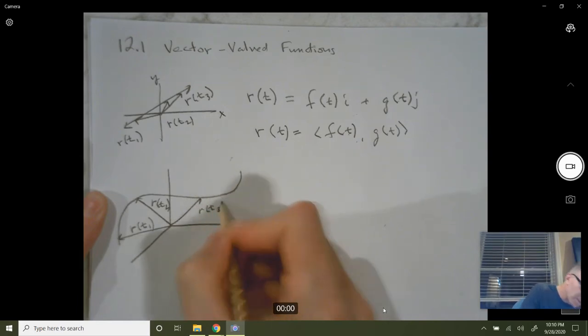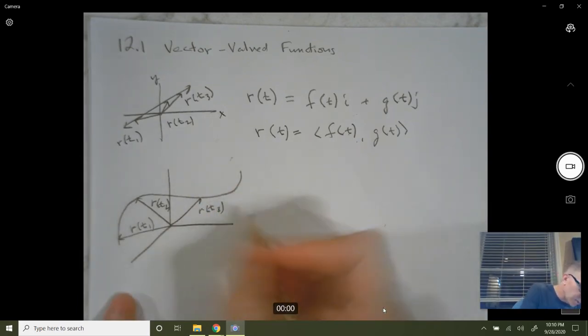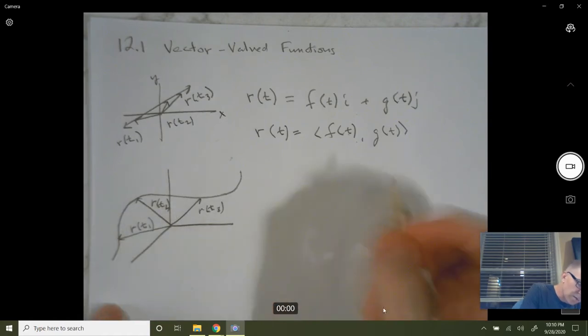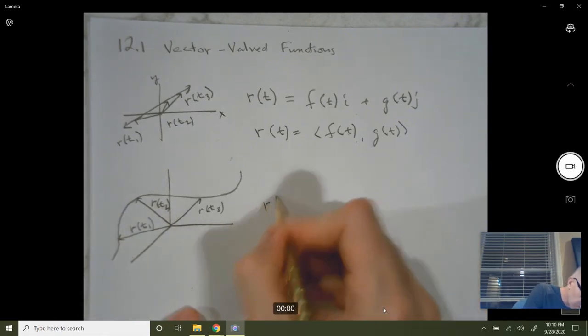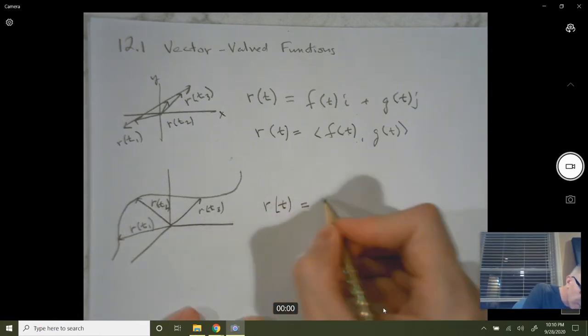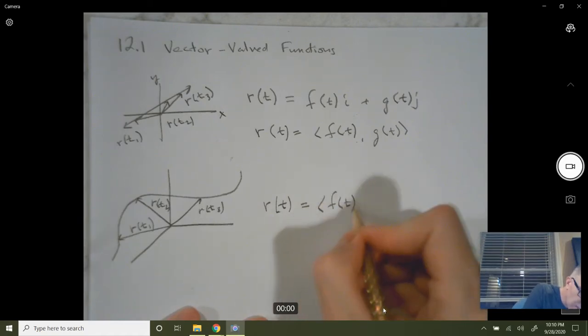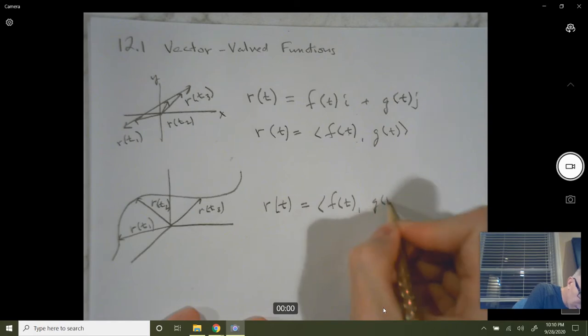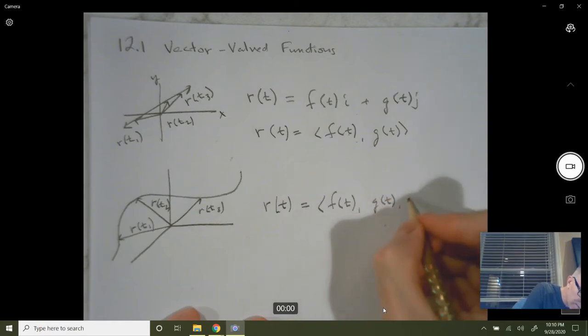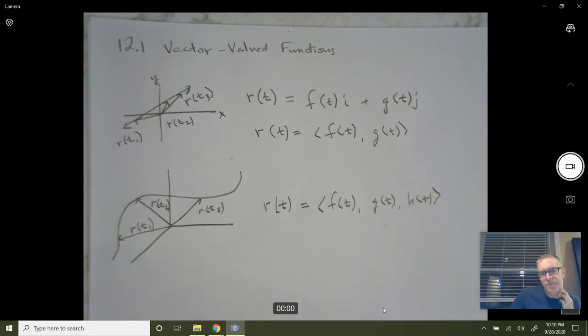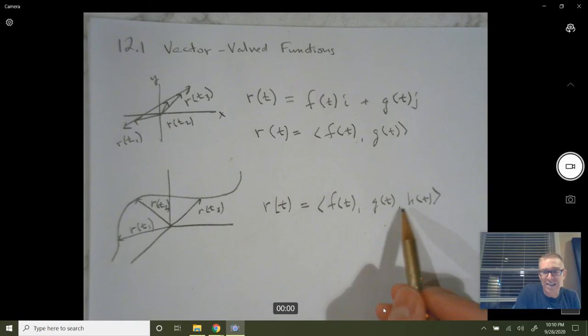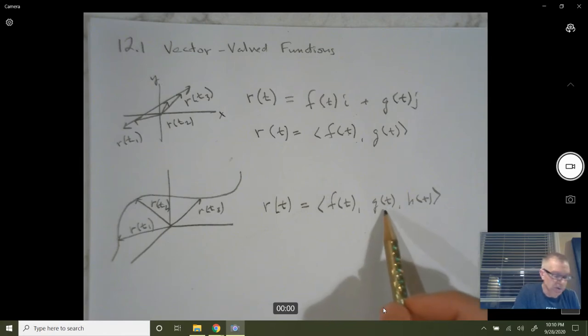So for different t values, you'll get to different points on this curve. This vector valued function is going to have an x component, a y component, and a z component. And you can limit the domain if you want to graph out a certain section of the curve.